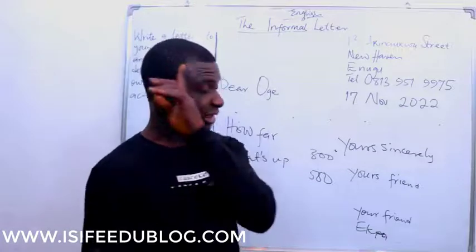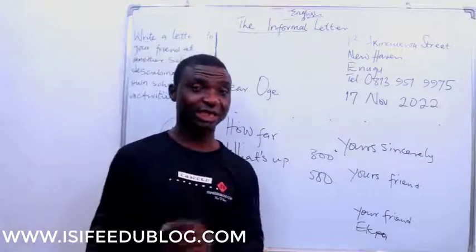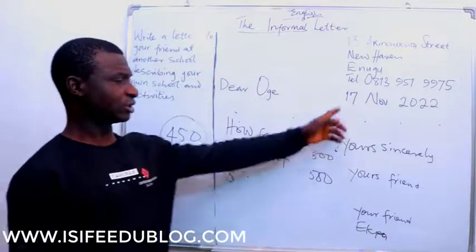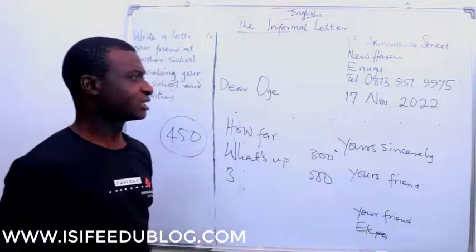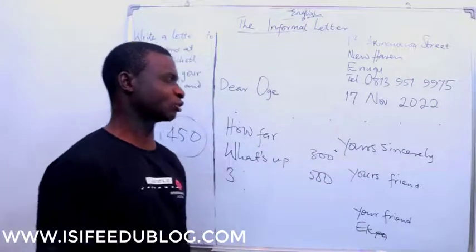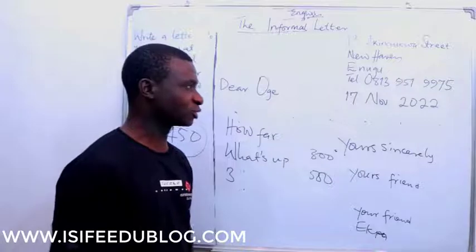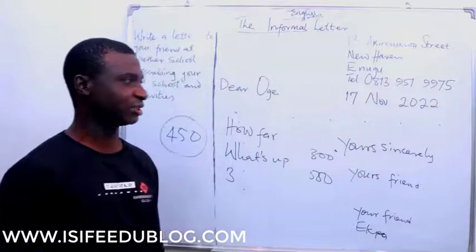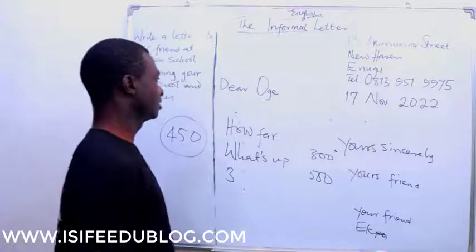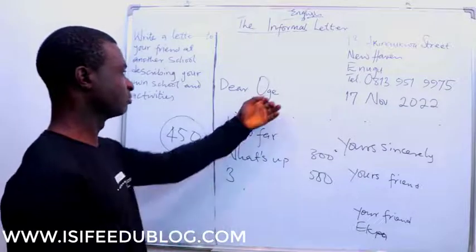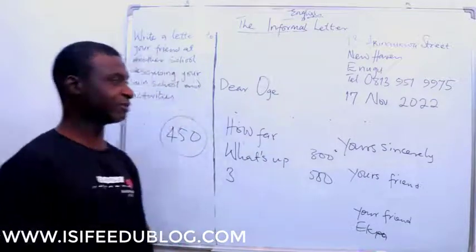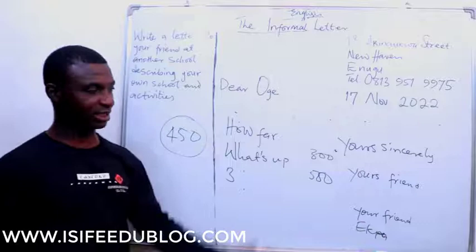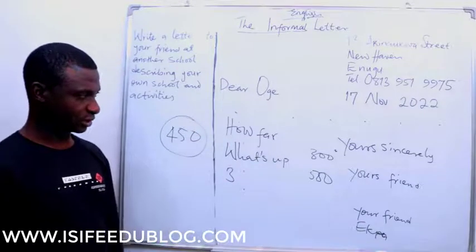The telephone number we said is part of the address, and it is the last thing in the address. Your date, we say write your date. 17 November 2022 is what we use there. No comma, no full stop, no th, no rd. Alright? Then the salutation, keep it simple, but make sure the name of the person except your father or your mother is included.